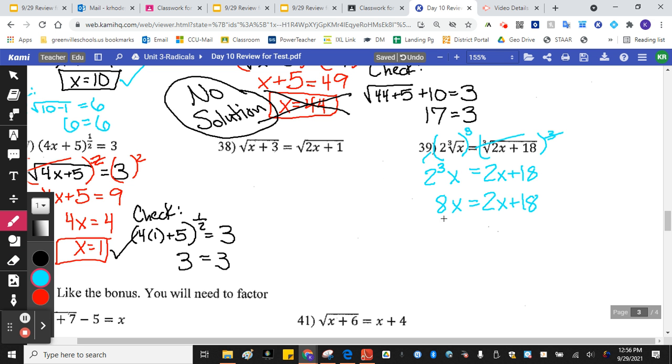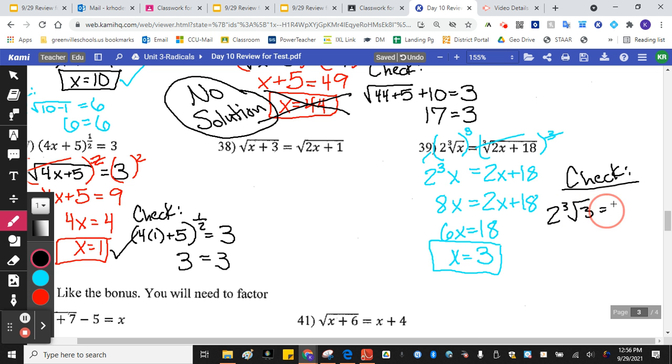And then we solve it. Minus over 2x. Divide over by 6. Check your answer. Plug it back in. 2 cube root of 3 equals, I have no idea.